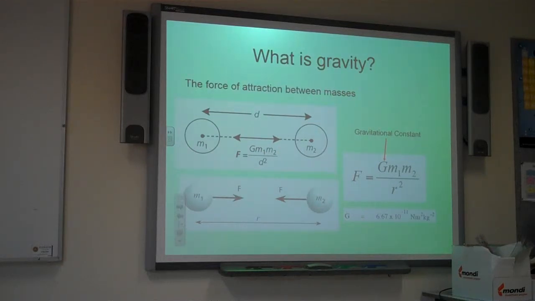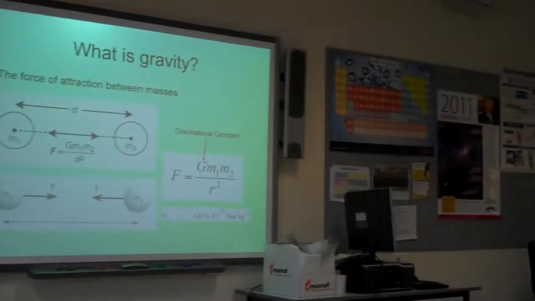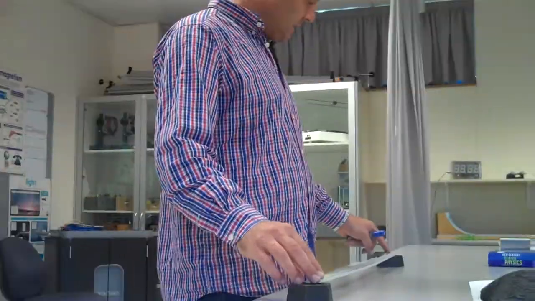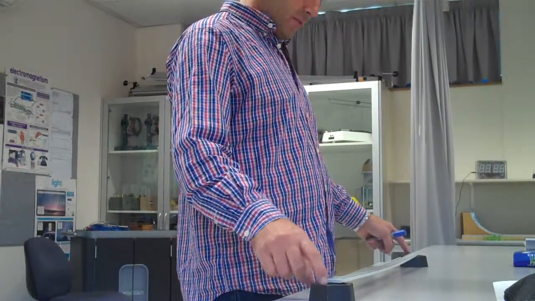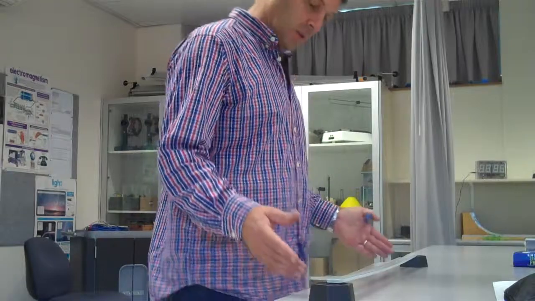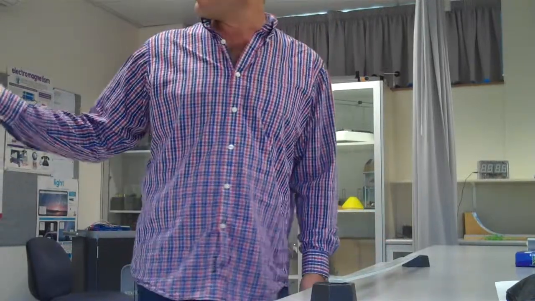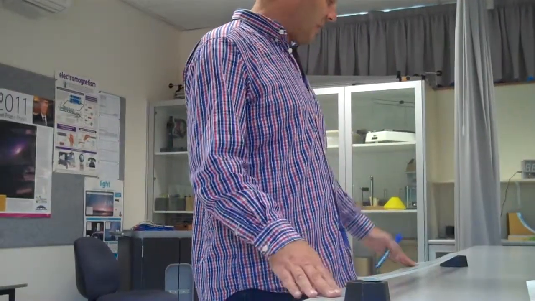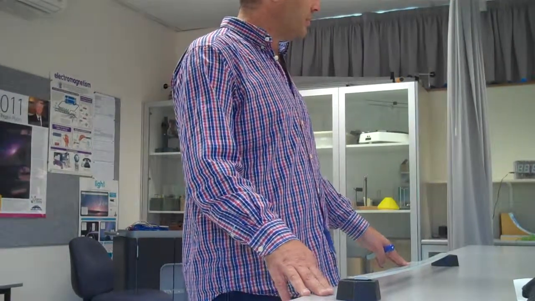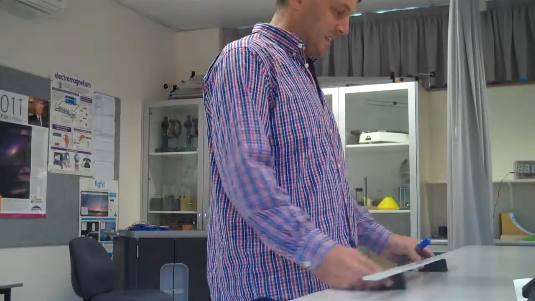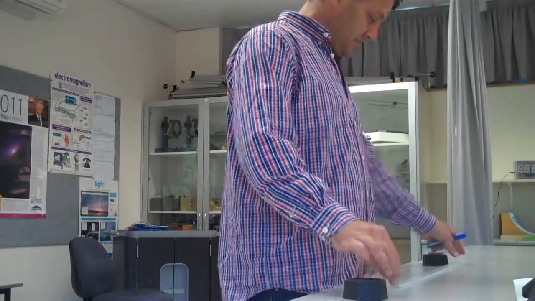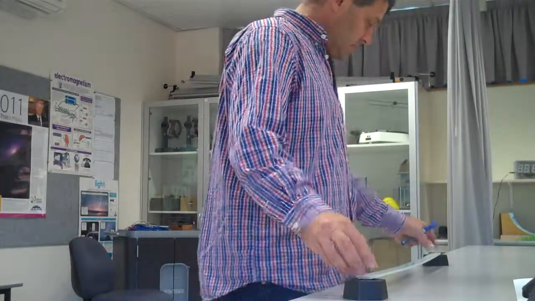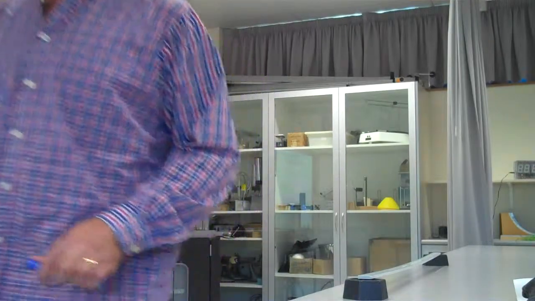So for instance, if we have two 1 kilogram masses here, and they're 1 metre apart, using this formula, they should have some sort of attractive force between them. How big a force is it between those two things?